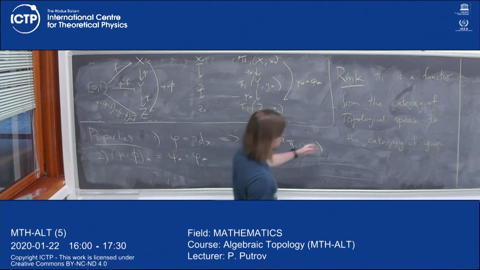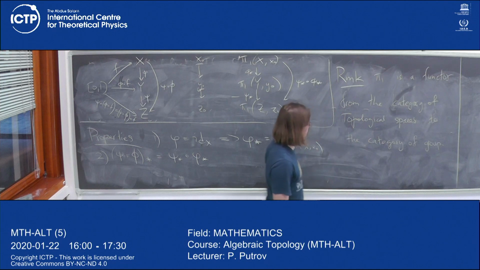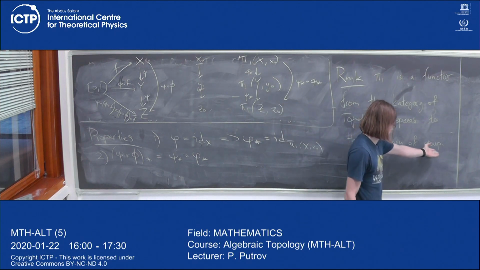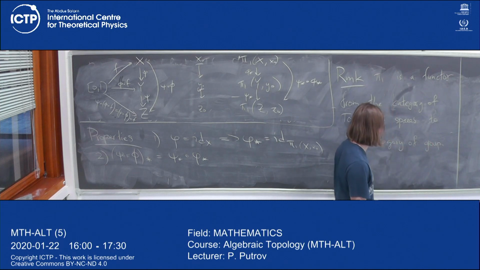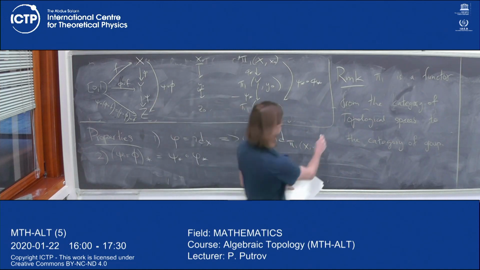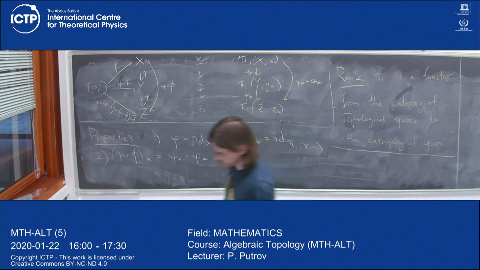In the first category, the objects are topological spaces and the morphisms are continuous maps. And in the second category, the objects are groups and the morphisms are homomorphisms. But if you don't have category theory, you can just ignore this.